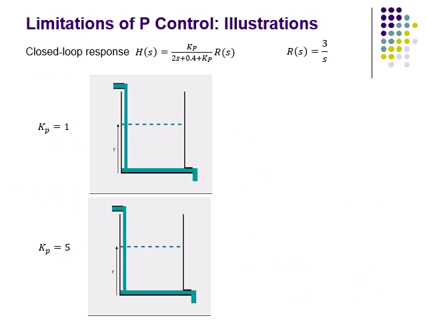Okay, so in this slide we're going to look at two cases where the response of the system is examined for two different settings for the controller gain. The first case is with Kp equals 1 and the second case is Kp equals 5.